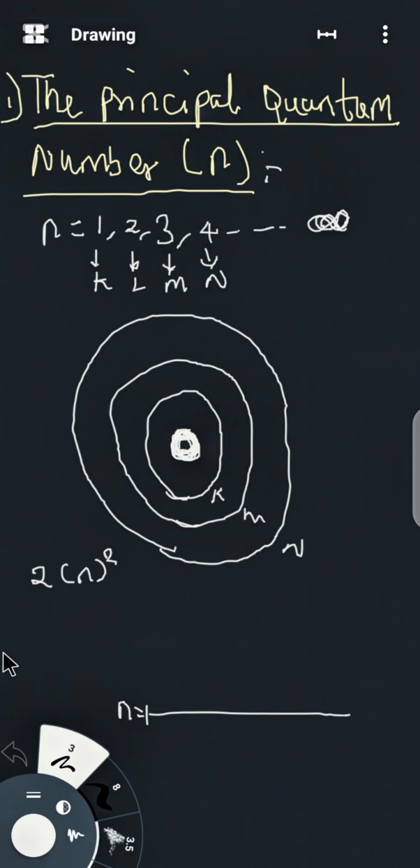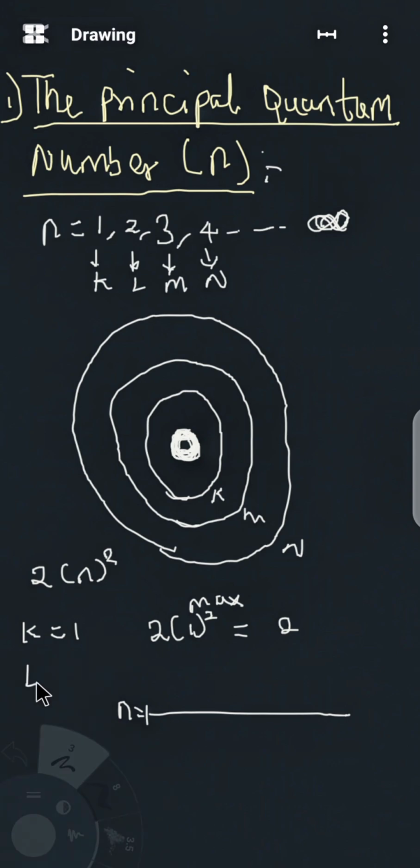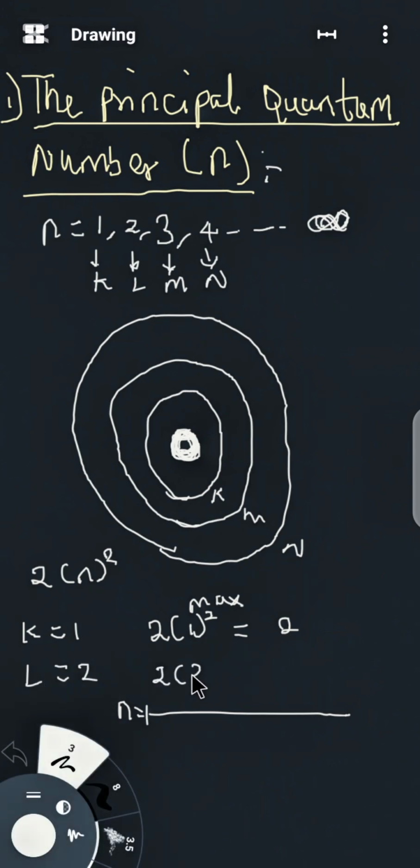For the K shell, which is the first shell, the maximum number of electrons it can hold is given as 2 times 1 squared. 1 squared is 1, and 1 times 2 gives us 2. The next shell, the L shell, is number 2. If we repeat the same operation, 2 squared is 4, and 4 times 2 gives us 8.